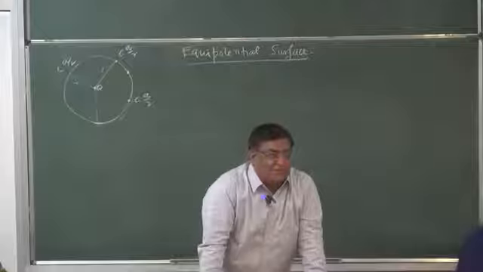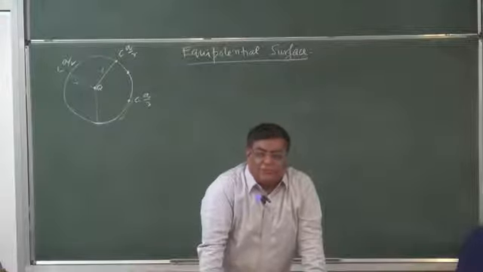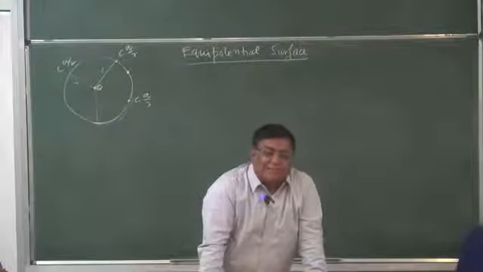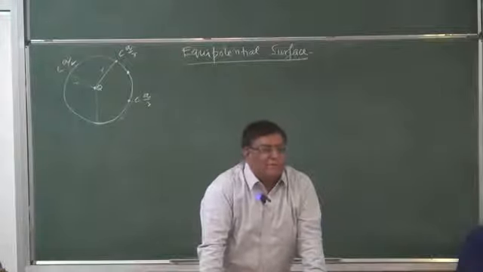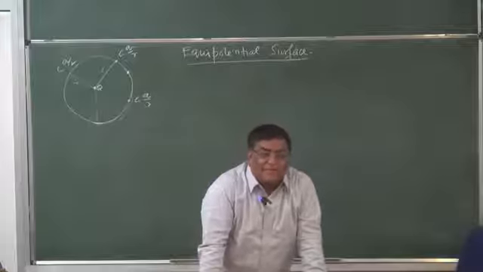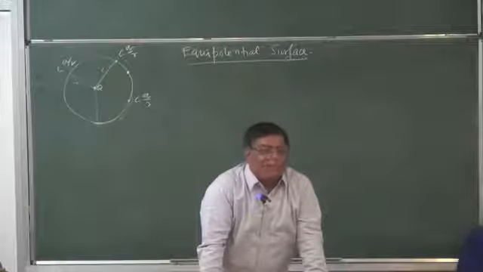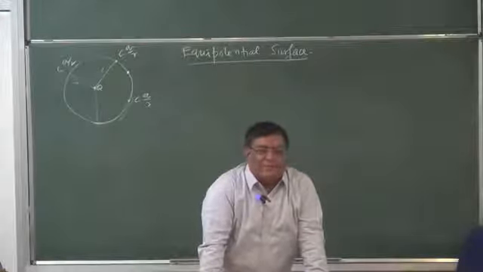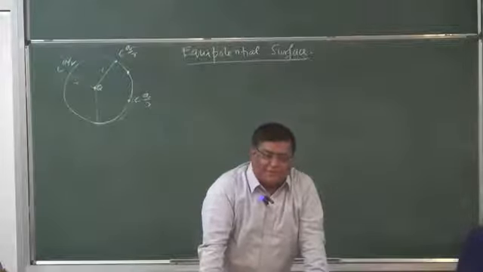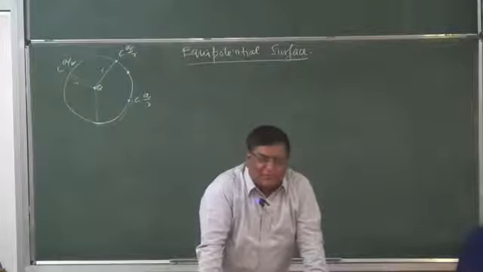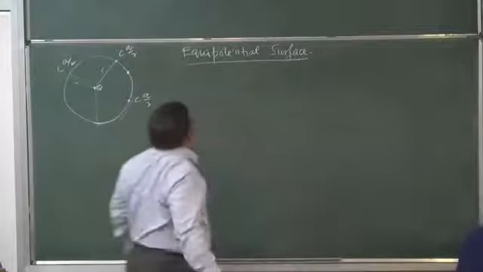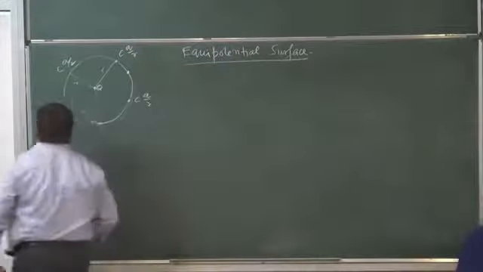This surface, on every point of which the potential is the same, is known as an equipotential surface. Any surface on which at every point the potential is the same is known as an equipotential surface. This may be a real surface or an imaginary surface. Okay, so we will write it: equipotential surface.